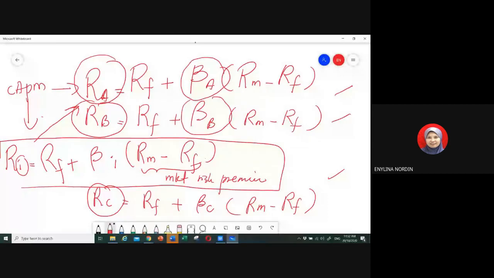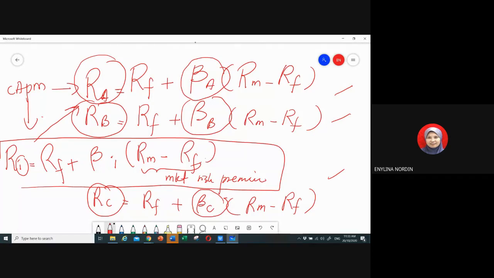Sebab different stock would respond to the market changes differently. Betul tak? Tak semua stok akan respon sama kepada the market changes. Nampak tak? Sebab tu kita nak bezakan the responsiveness of different stock tadi using the beta. Okay? Alright, so this beta will make the returns on each stock differ.